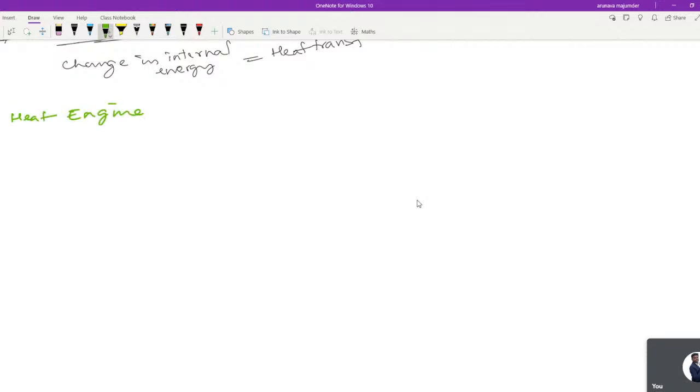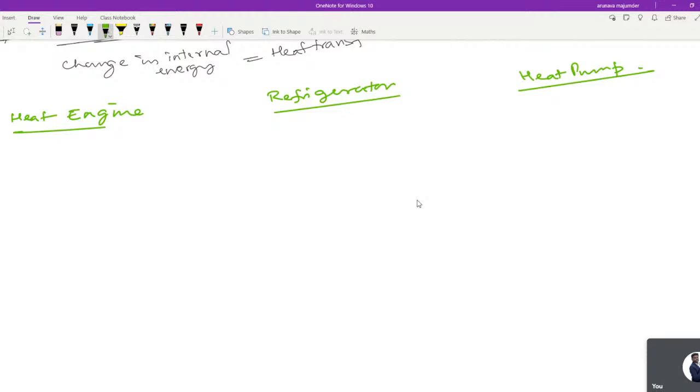We have the heat engine. We have the refrigerator, and another we have a heat pump. Okay, so these are again very important topics. They mostly ask numericals, so do remember.